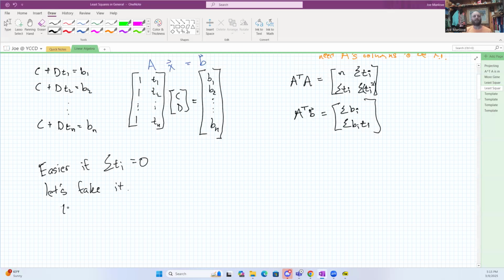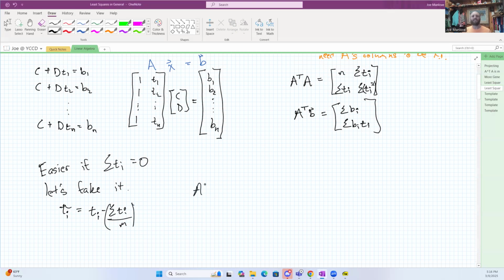So I'm going to make tau equal to t minus the sum of the ti's over m. Basically, I just subtracted the average from each one. So I'm going to call these tau i's and ti's. This is a cheater little trick, but fine.